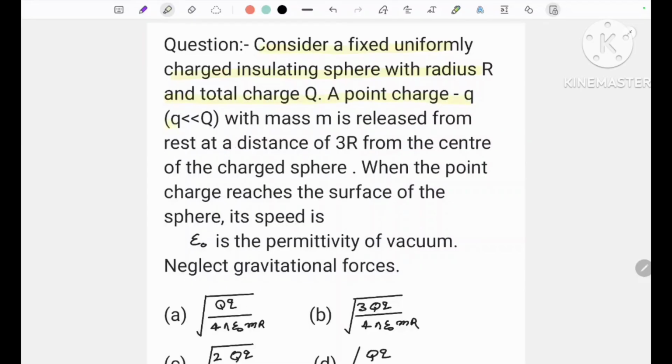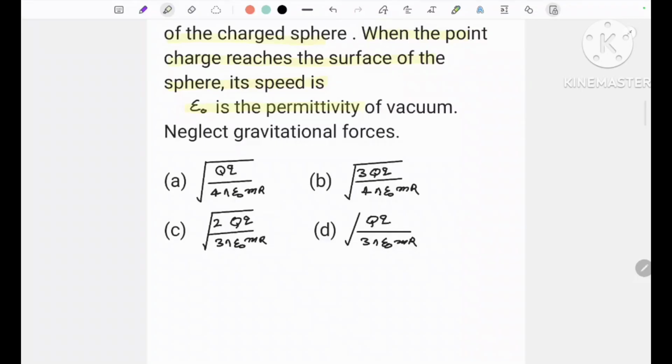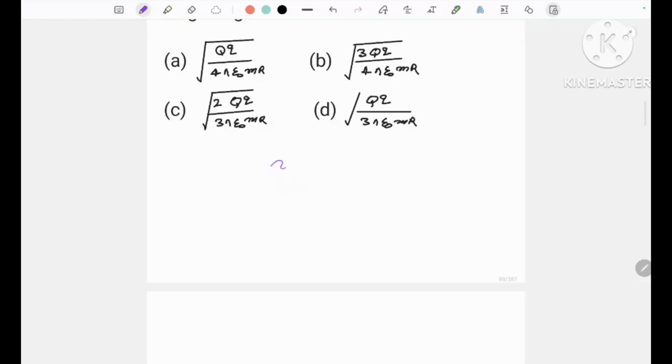A point charge minus q, q is very small, then the capital Q with mass m is released from rest at distance of 3r from the center of charge sphere. When the point charge reaches the surface of sphere, its speed is, epsilon dot is the permittivity of vacuum, neglect gravitational forces.